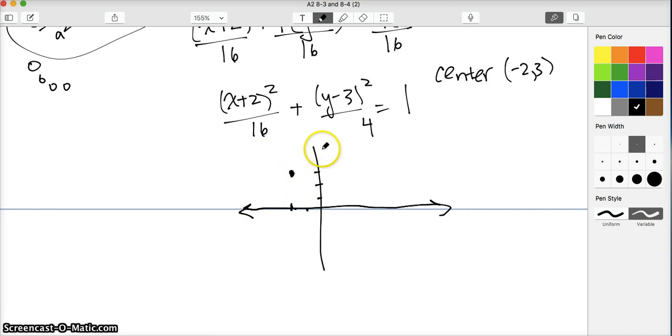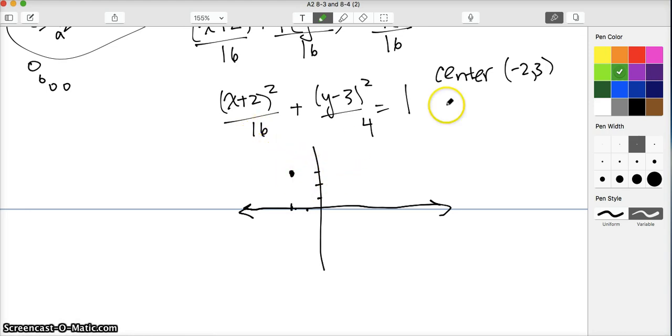Here's that center. And we know that the axis is horizontal, so watch this, this is new because we had been just hanging out at the x-axis the whole time. But the major axis is going to be on this yellow line, and the minor axis is going to be on this green line, okay? So how does that work out? We know that the major axis has half-length the square root of 16, so 4.